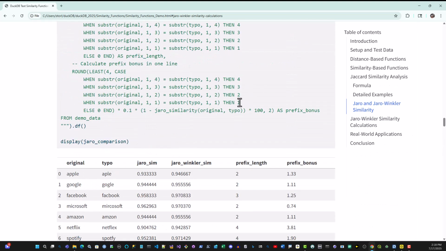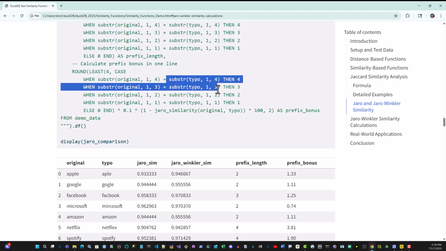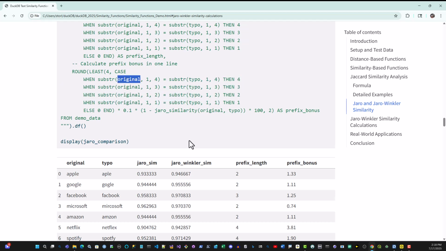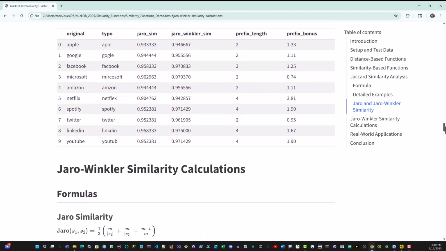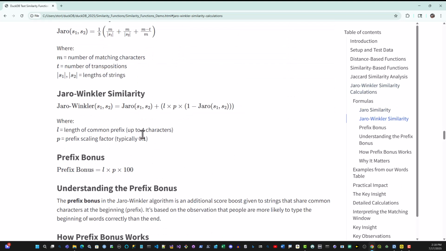So you have 1 character, 2 characters, 3 characters, 4 by doing these substrings based on these words. So you're comparing the original word to the substring of the typo word, starting with 1 character, then 2 characters, 3 characters, and so on. So you're building up to 4 characters because that's what the formula is specifying here.